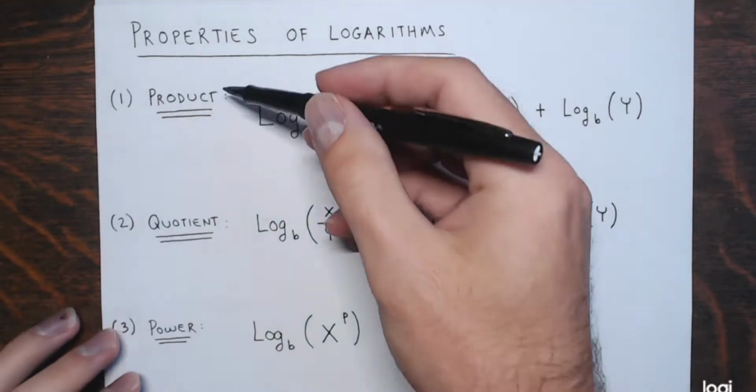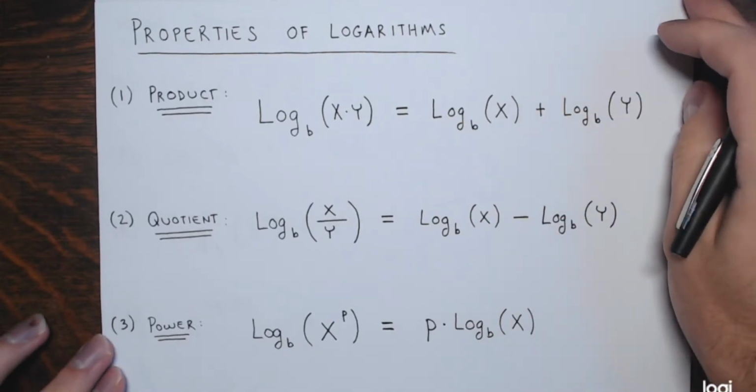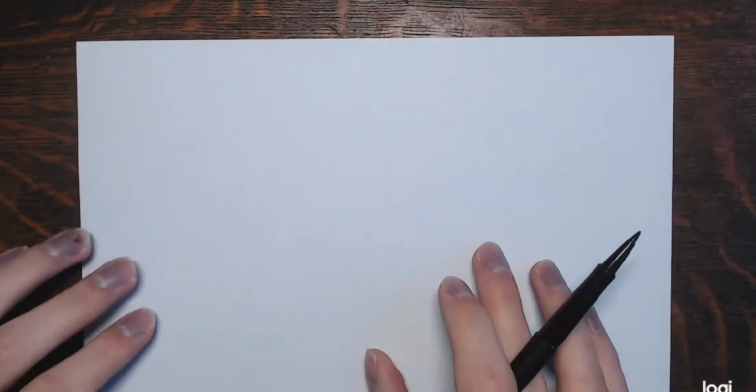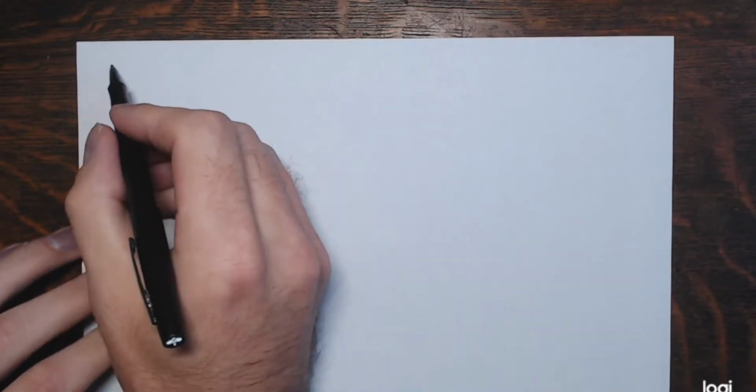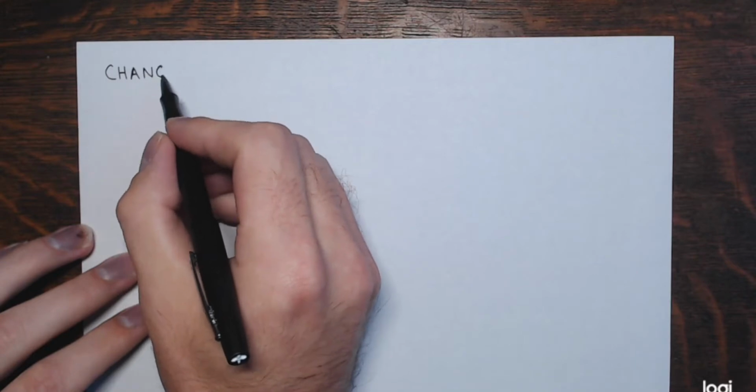Now we are going to use the product, quotient, and power properties quite extensively in this section 10.4 part 2 also. So I'll keep referring back to these. Right. But now we're introduced to a new rule, right? One last property of logarithms here, called the change of base formula.